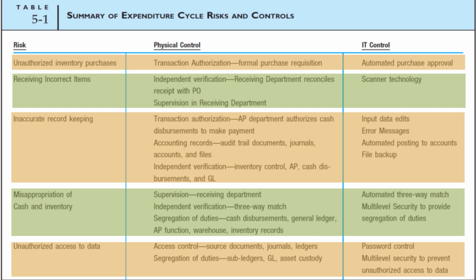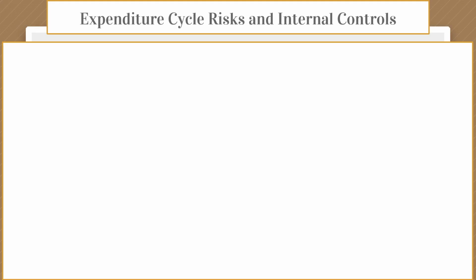First, ensuring the accessibility of those documents and records, so we ensure there is some restriction. Second is segregation of duties between the main functions, asset custody and the recording. Whereas on the IT control side, we have password control and multi-level security to prevent unauthorized access to the data.